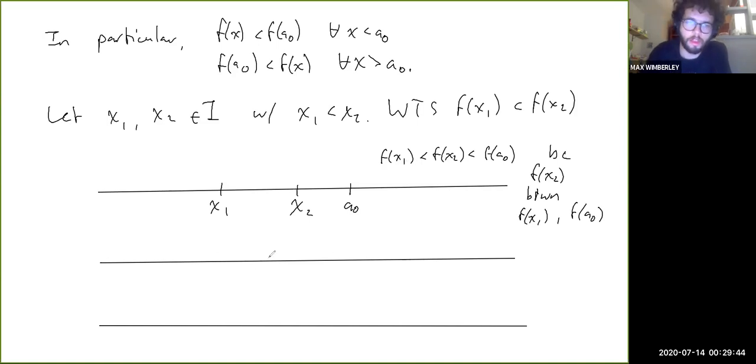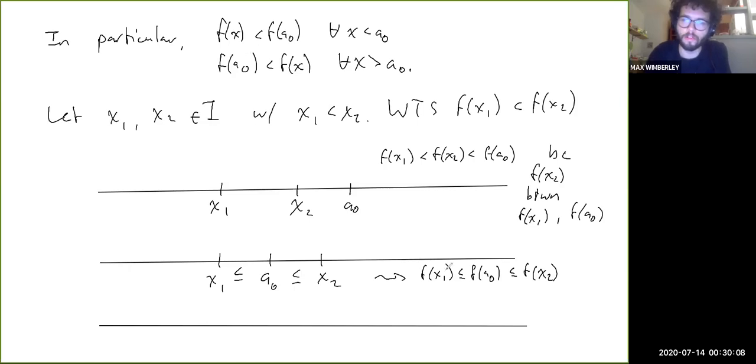Then similarly, you could have a naught and then x1. This is less than or equal to, and this is also less than or equal to x2, in which case we just know that f of x1 is less than or equal to f of a naught, less than or equal to f of x2, just by what we showed up here.